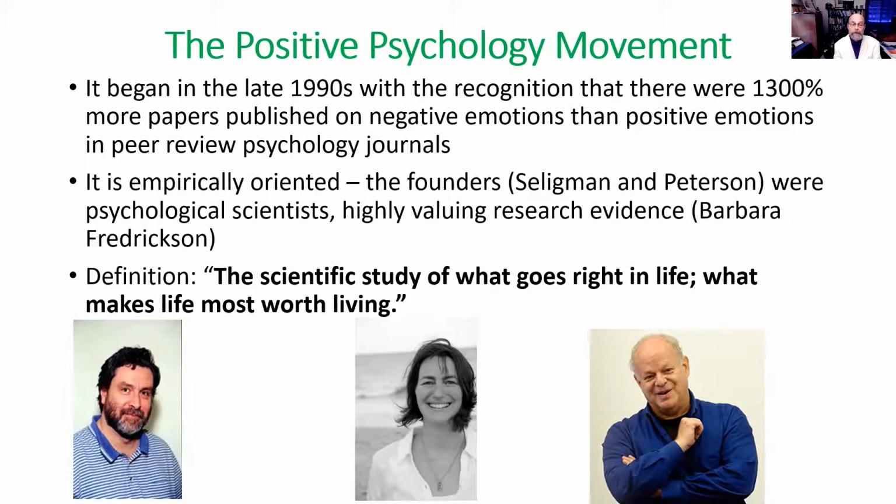It is a very empirically oriented movement. The founders, Seligman and Peterson, are psychological scientists, highly valuing research evidence, as does one of the major players in the positive psychology movement, Barbara Fredrickson. A typical definition of this field is the scientific study of what goes right in life and what makes life most worth living.